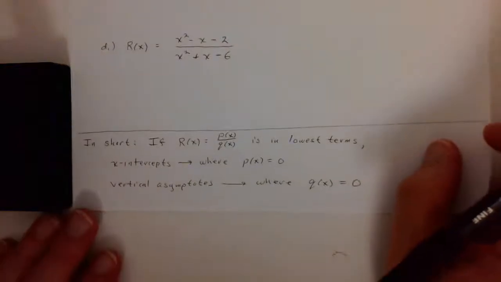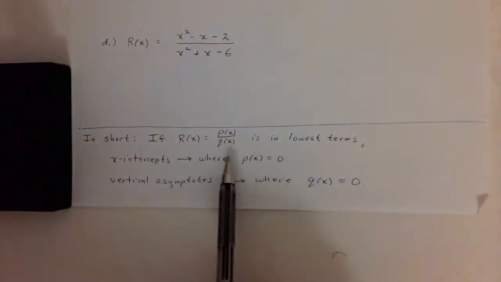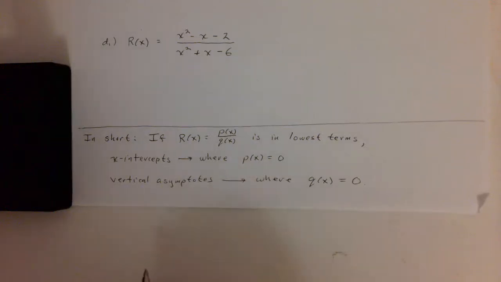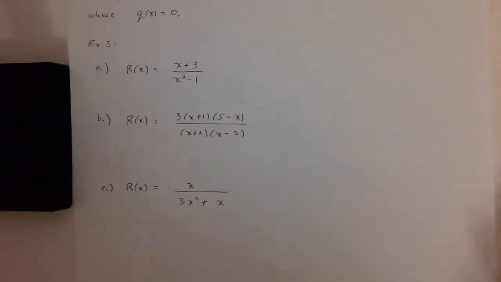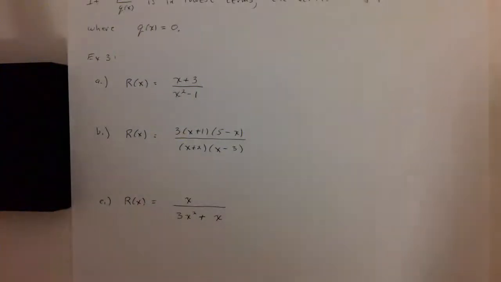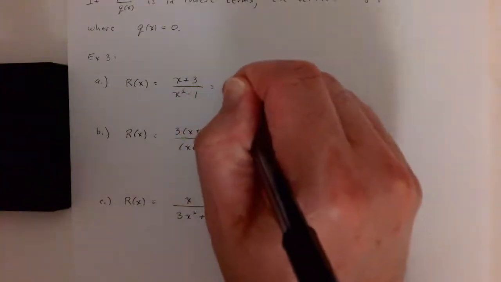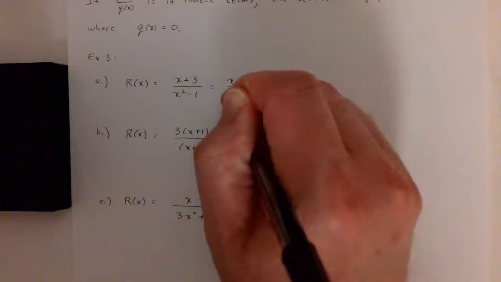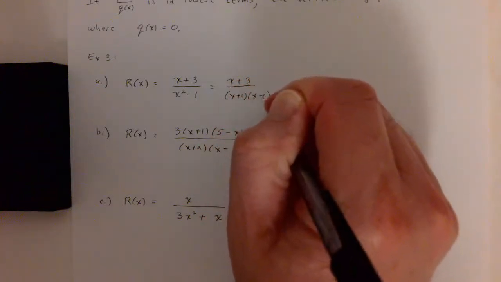Just before I get into the examples, in short, if this is in lowest terms, the x-intercepts are where the numerator is 0, and the vertical asymptotes are where the denominator is 0. So in example A, you can see that this factors as x plus 3 times x plus 1, x minus 1.